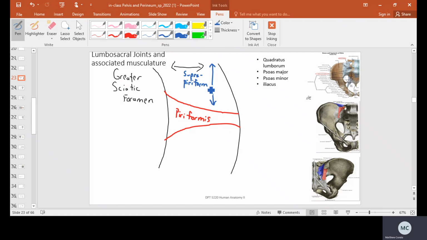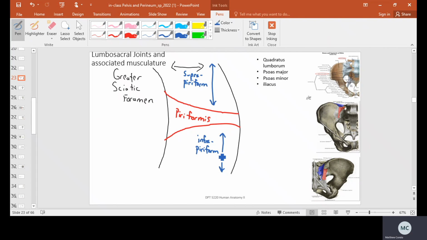Bet you guys can't guess what the section inferior is going to be called. That's right. It's going to be called the infrapiriform space. Now, remember that this is all still the greater sciatic foramen.